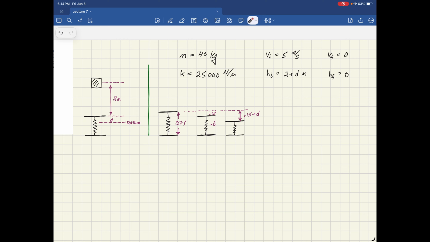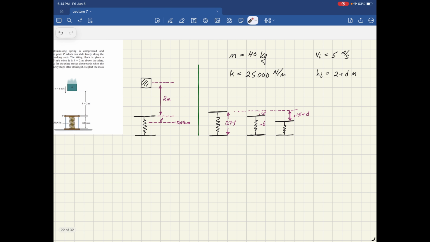All right, so now what we need to do is essentially write out our initial kinetic energy and potential energy. So let's write that out here. T plus V, I'm going to combine them together, and I'll just say, here's my initial condition.